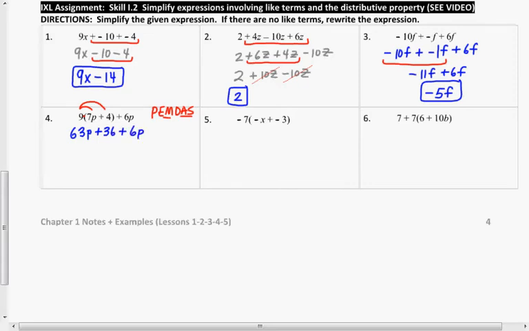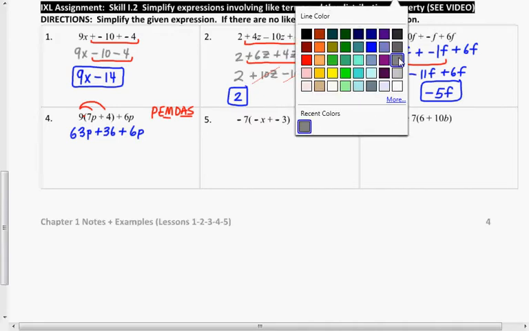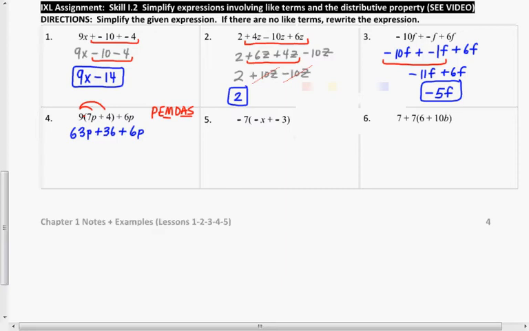All right. Now, we could rearrange these. We could switch these two terms' places. We could switch them and write 63p plus 6p plus 36.